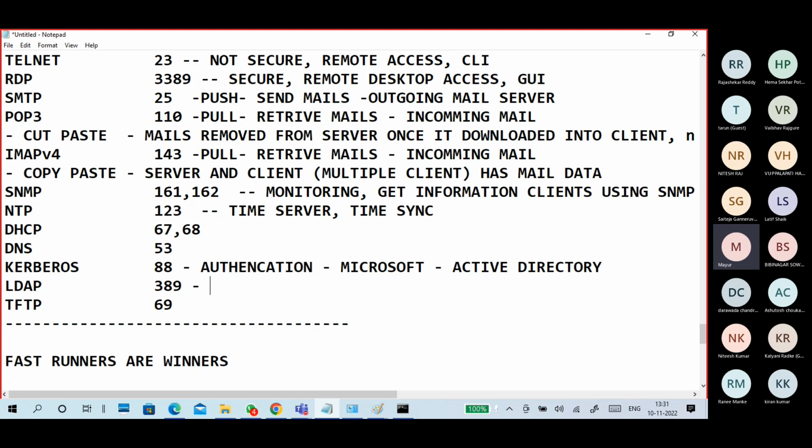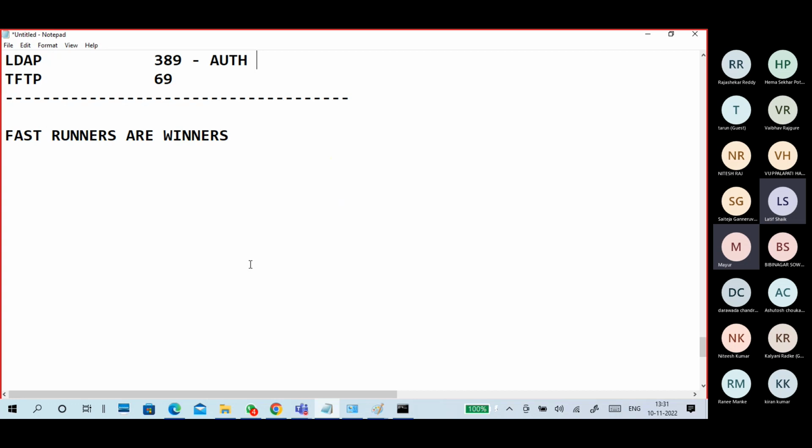Which protocol does it use? Kerberos protocol. Please verify the spelling. LDAP is also for authentication. It is an open protocol, not specified by Microsoft. It is also for authentication. So go with them.